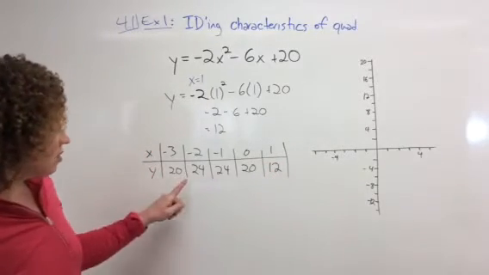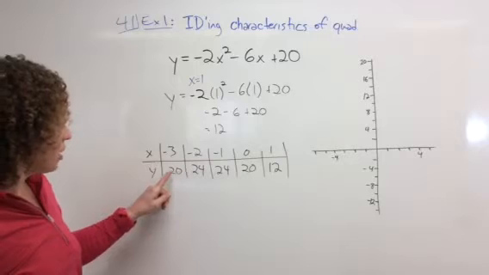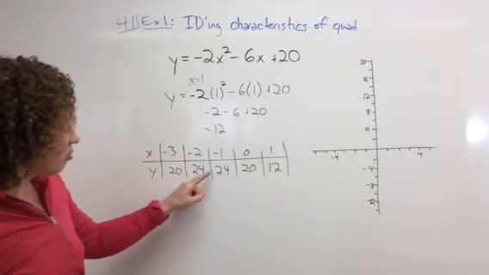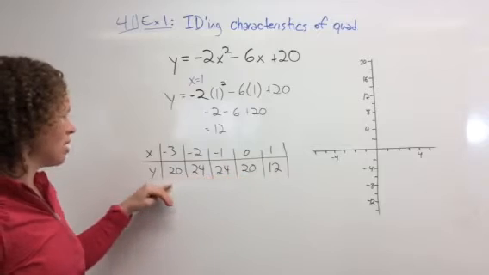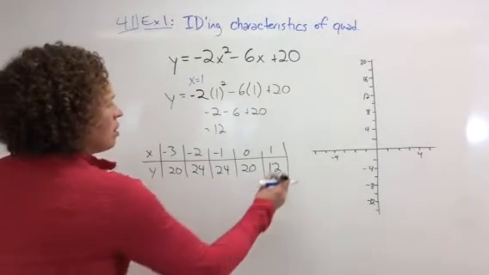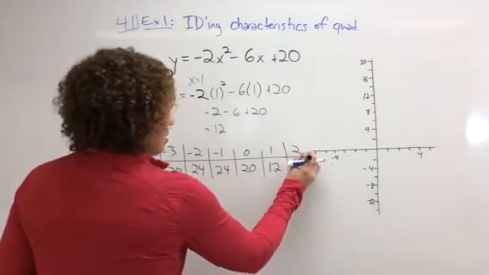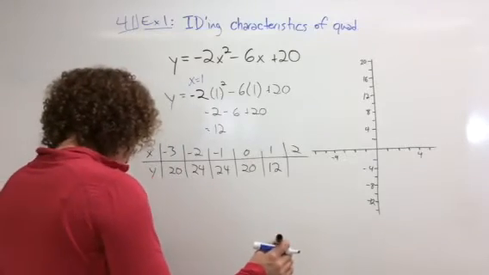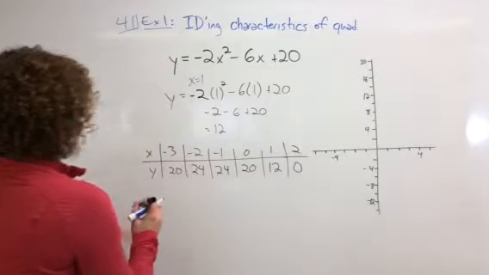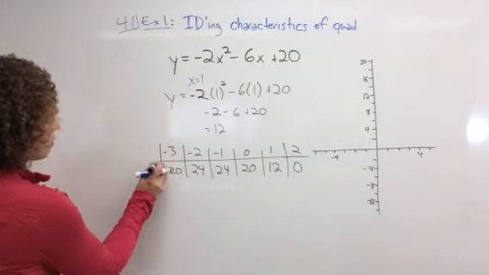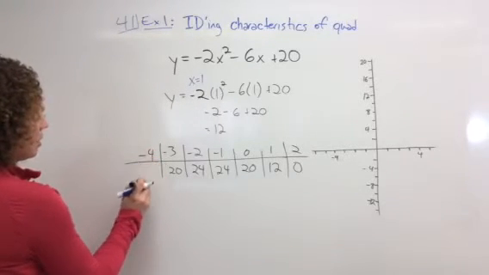And what I'm seeing is a pattern. So basically it's going up, it's going up, it's capped out, it's going down, and it's going down by the same kinds of things. So I could extend this to a 2, plug it into my equation, and I would get 0. And I could even bring it further this way to see what I end up getting.